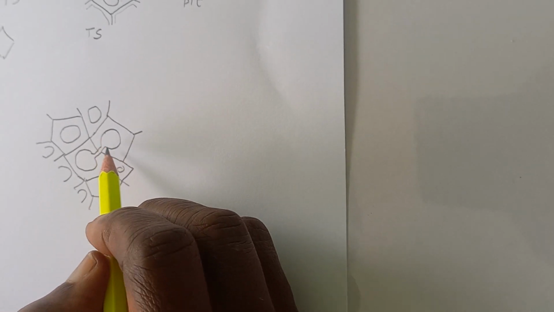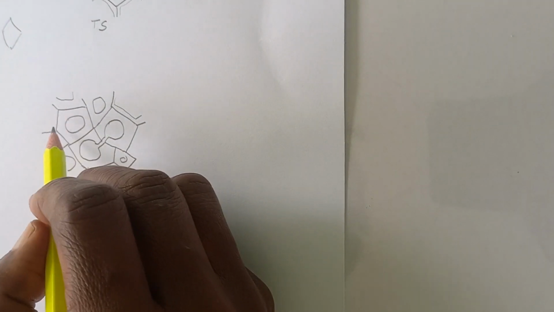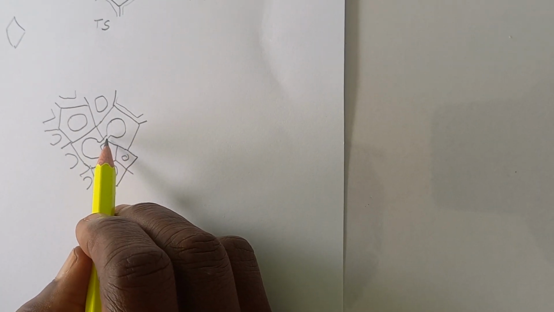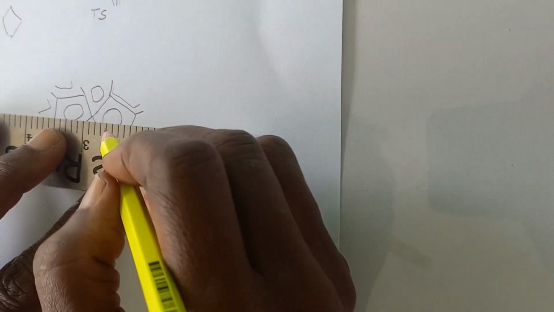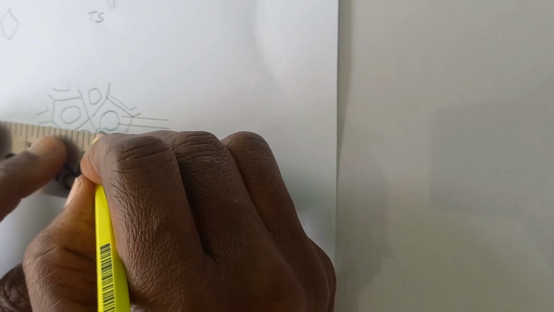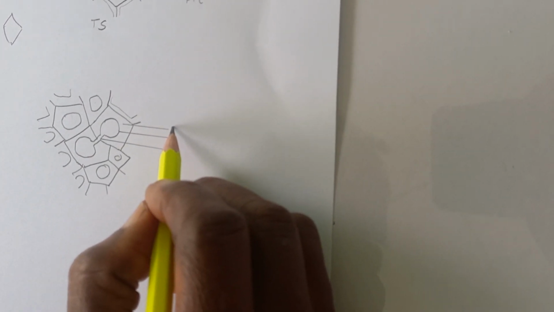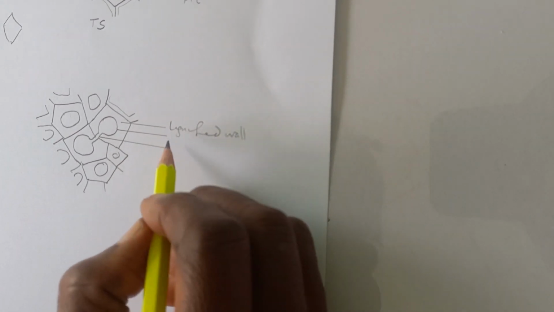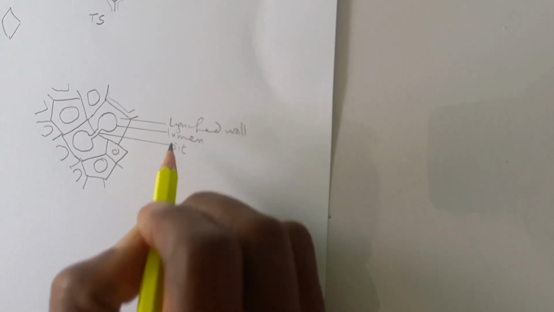We don't want to shade this, so we see our walls clearly, and here is the pit. So here is the lumen. So we have the lignified wall, we have the lumen, and we have the pit.